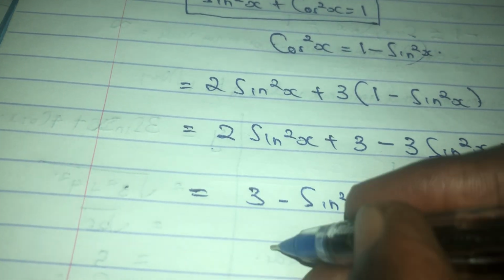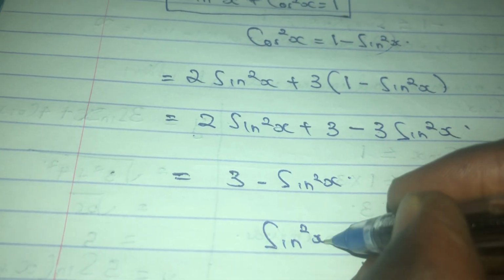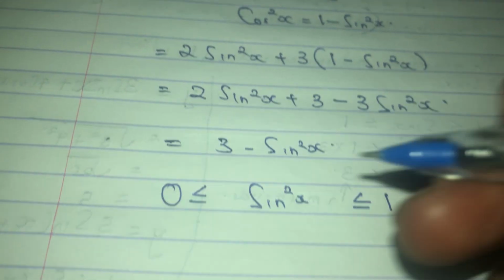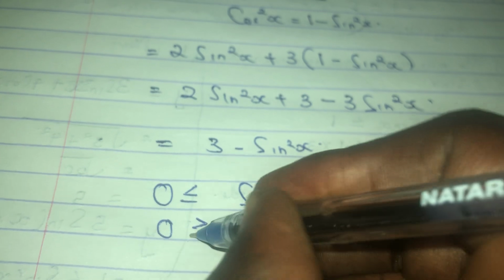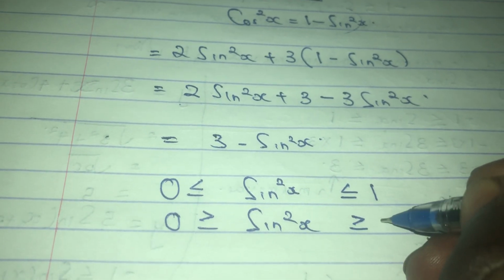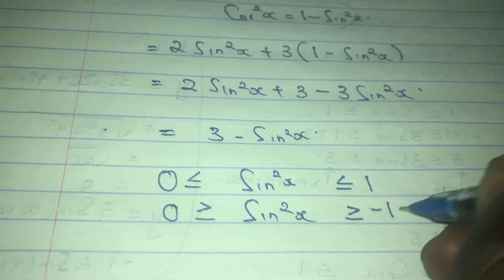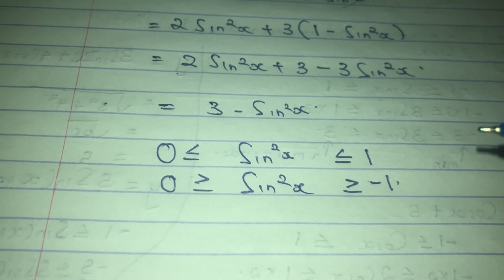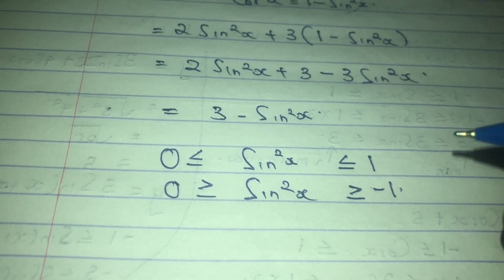Are we together? But remember we said for sine squared x, the maximum is 1 and the minimum is 0. So if it's a negative, the signs will change. If we multiply here, it becomes negative 1. Are we together? Then after putting this in, what follows?